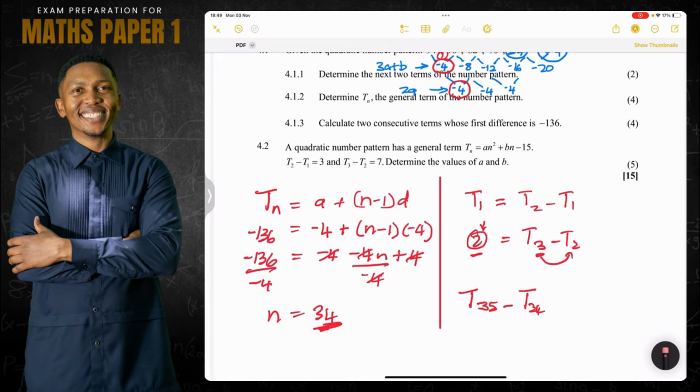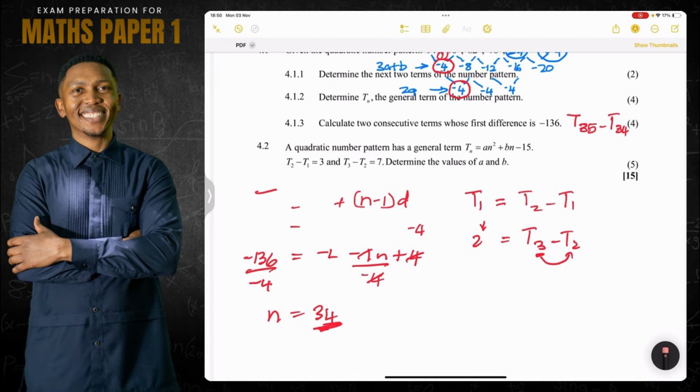So in that case, it must be term 35 and term 34. Okay, right, so that is how we're going to get that.